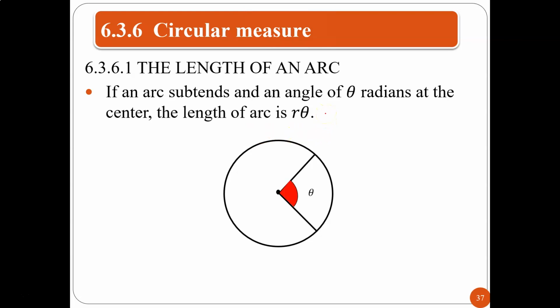This is going to be your theta. And this is going to be your arc. So the arc is the part that encloses this angle theta. How do you obtain it? Using r theta. The length of an arc AB equals r theta.